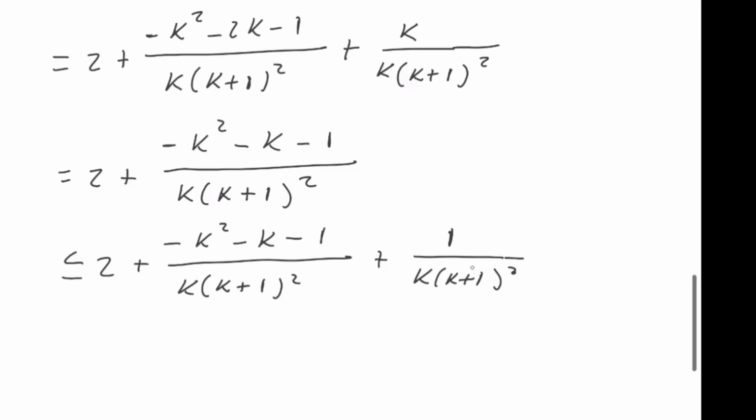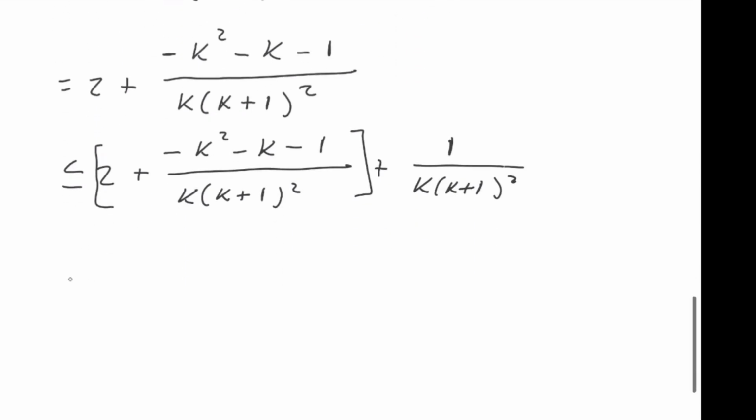And this is positive, because k is a natural number and this is 1 over a positive. So this here is the same as this, and if we add a positive number, this is going to be bigger than this. And that way we can get what we want.